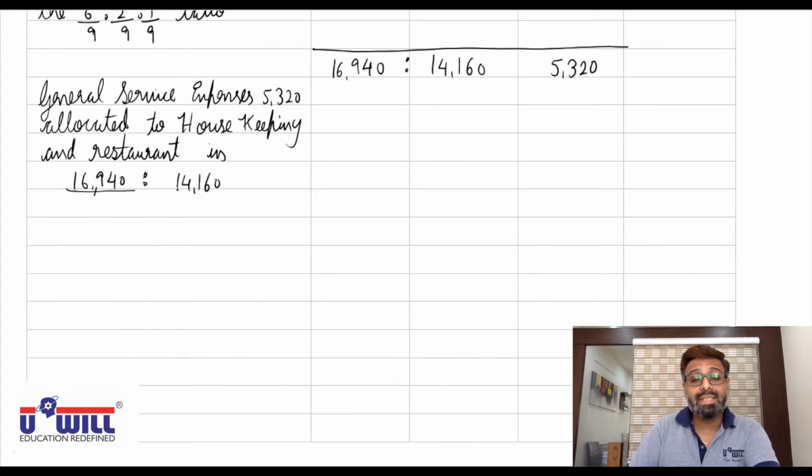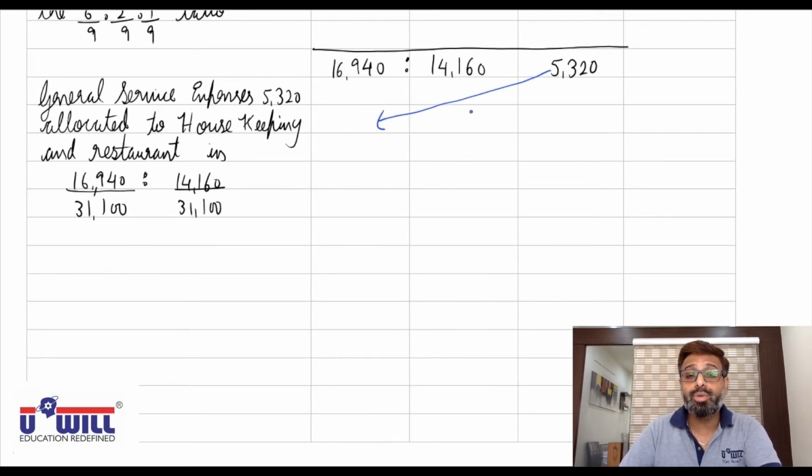Now all of you do 16940 plus 14160. That comes to 31,100. Okay, the total comes to 31,100.